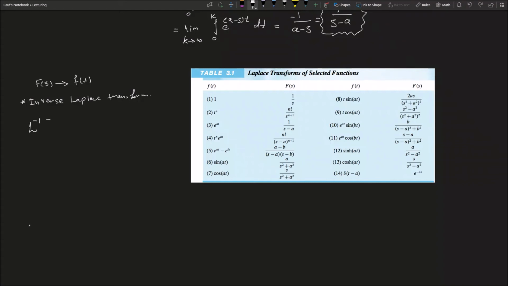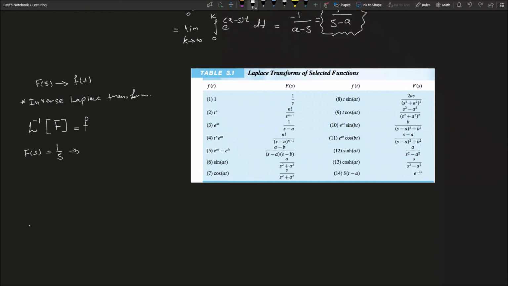It's a well-known convention that it's an inverse, especially in matrices. The Laplace inverse of a capital F function equals a small f function.